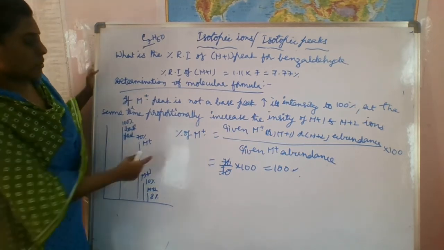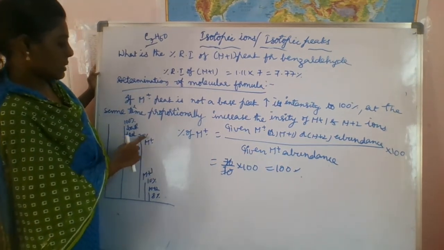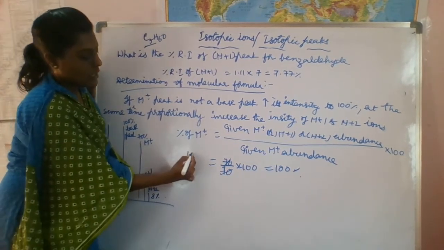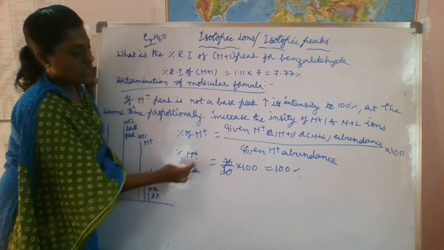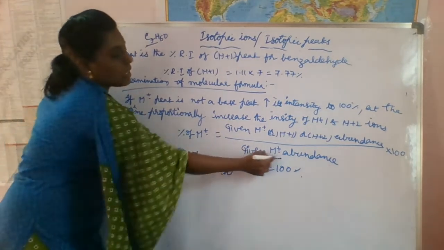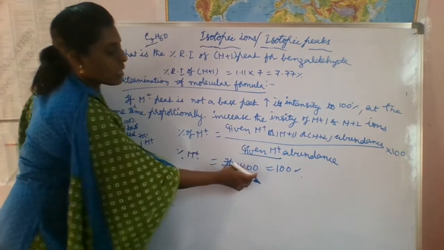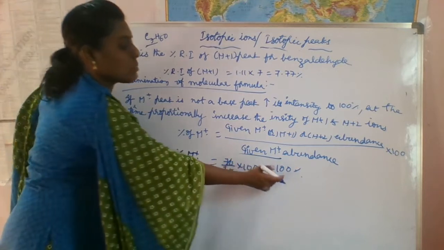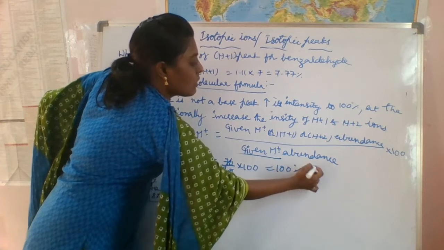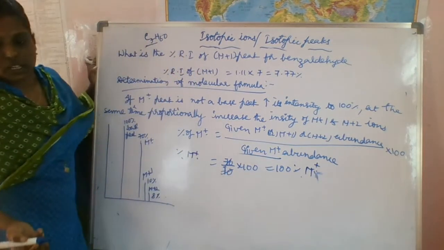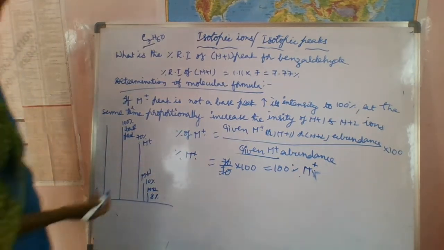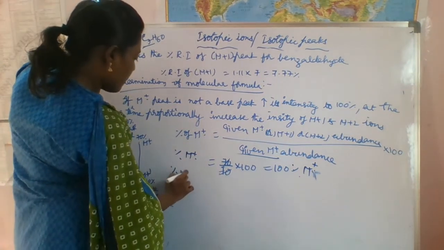Suppose this molecular ion peak is 70%. What is 70 by 70? We take the molecular ion abundance into 100 and we get 100%, which means we have increased the molecular ion peak to 100%. Like that, you take the percentage of M plus 1.